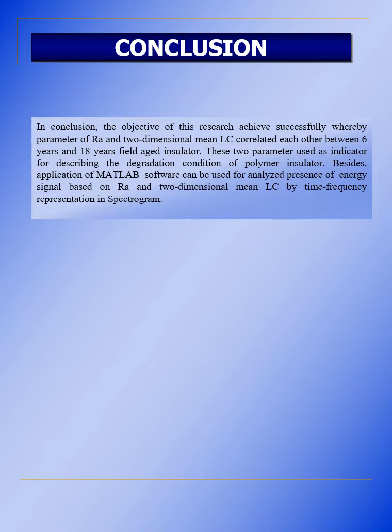For the future recommendation to improve the result, increase the number of polymer insulator samples between 6-year and 80-year field age. Besides, using MATLAB software is able to analyze the presence of energy signal based on Ra and M2D by time frequency representation in spectrogram.